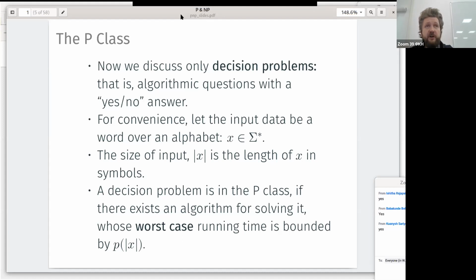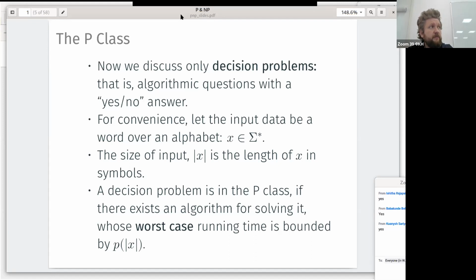But if it is not polynomial, then usually it's not good for implementation. The only situations where you can really implement non-polynomial algorithms happen when the worst case complexity is not the complexity measure you want to use. The classical example is the simplex method in linear programming, solving linear inequalities and optimizing linear functions.